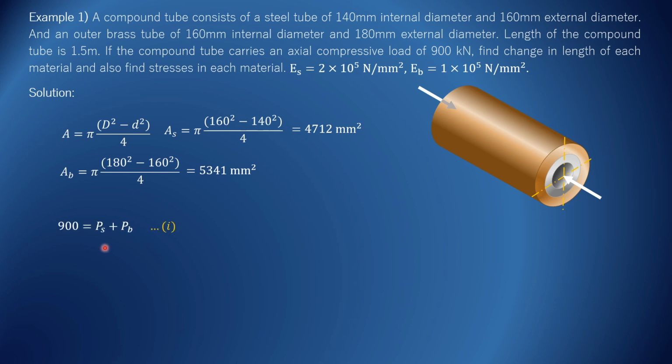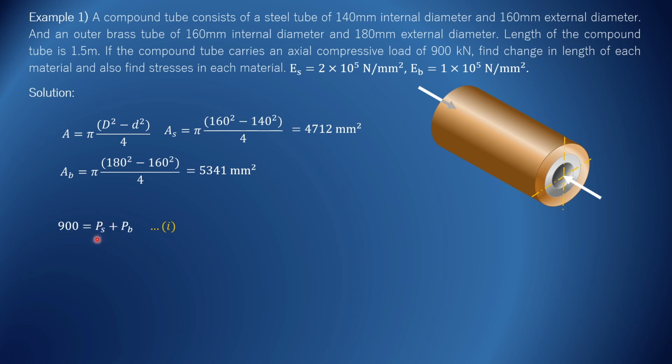First step to solve the problem, as I have told you, condition of equilibrium. This load, which is 900 kilonewton, is resisted by these two materials. So these two materials are supporting the load. So total load 900 kilonewton on the cross section is supported by steel PS and brass PB.